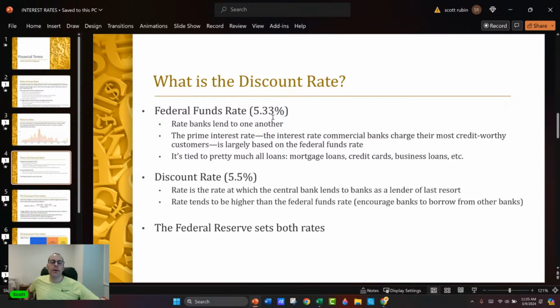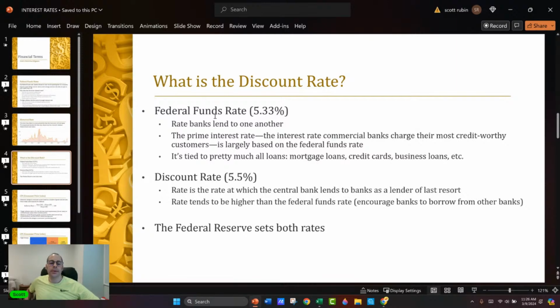Even when the Fed funds rate was zero, the banks were lending to each other for pretty close to zero, but you couldn't get a loan for zero. You get a loan for what they call prime. They go prime plus 2%. So you'll get a loan for a few percentage above prime. And as you know, it's tied to all loans.